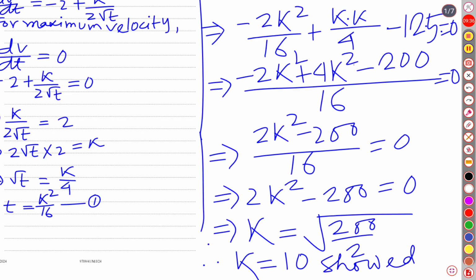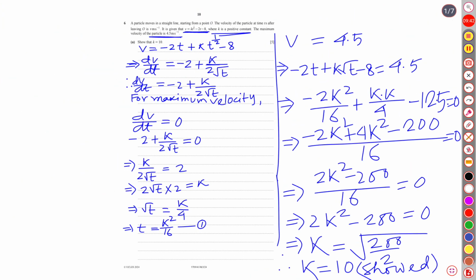Okay, so this is how we will solve this part of the solution. So the first concept we have applied is, to find maximum velocity, always the derivative is 0 or acceleration is 0. So using the concept of maximum velocity or derivative 0, we have obtained the value of t.